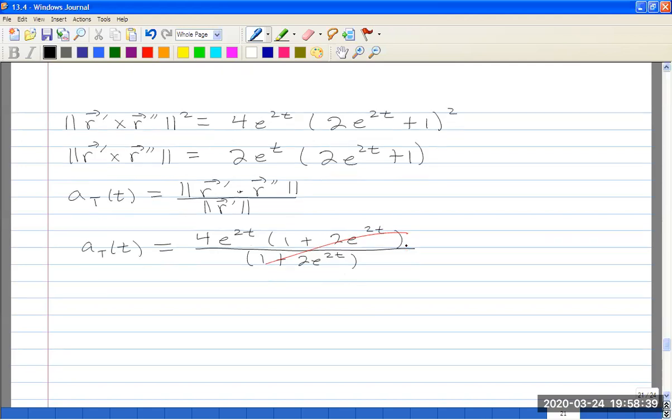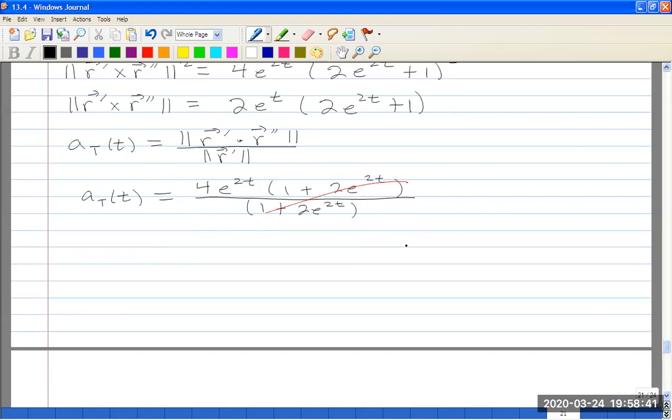And so I get that a, the tangential component of the acceleration, is 4e to the 2t.